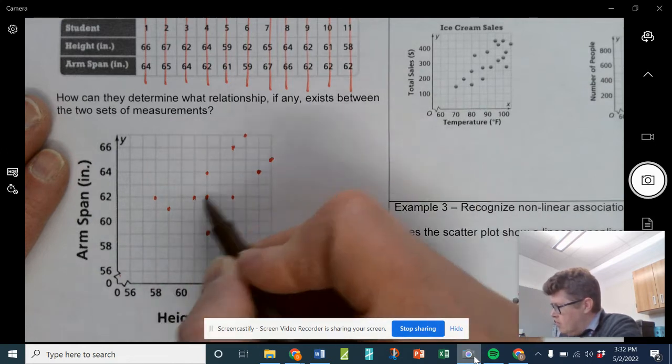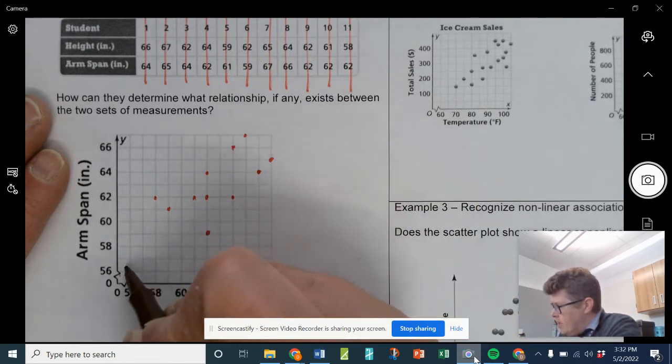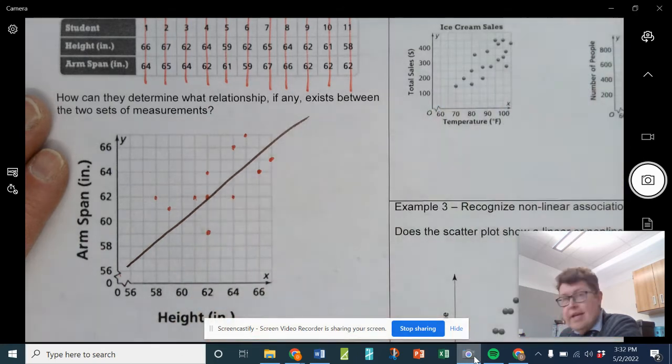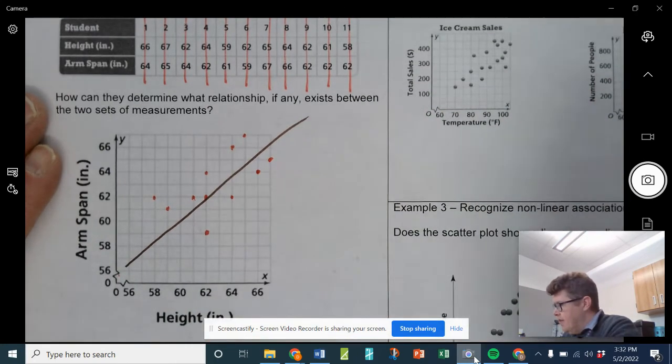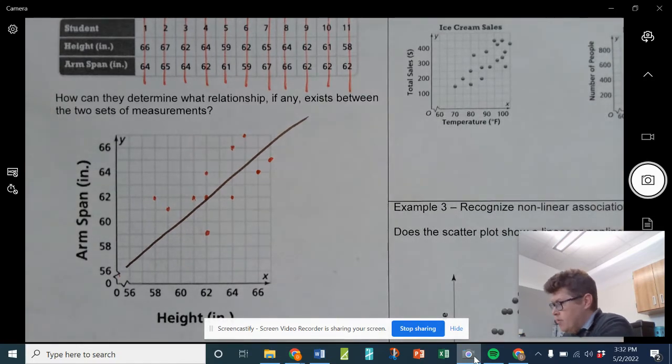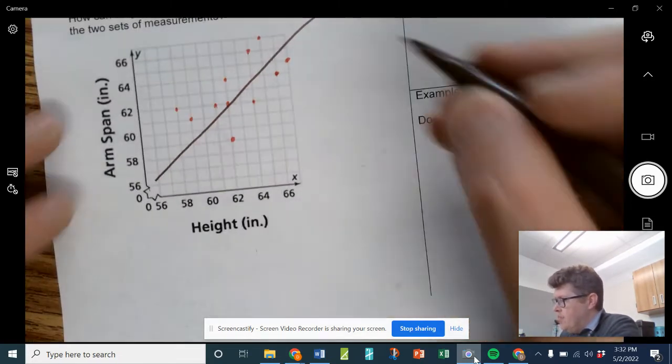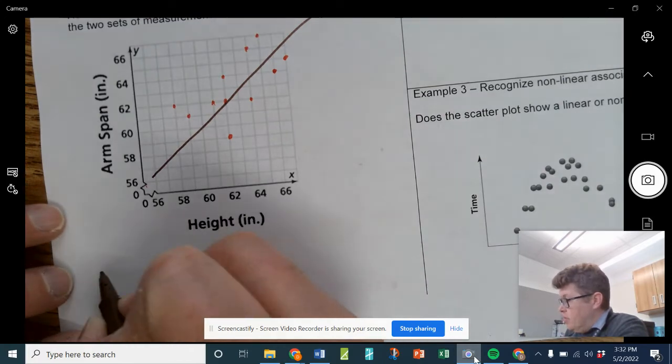So I would say our trend line is going to go roughly like that. Okay. Maybe I should have put it a little more up, but that's okay. That's a basic general trend line, right? So the relationship that exists, right? We would say it's positive, right?